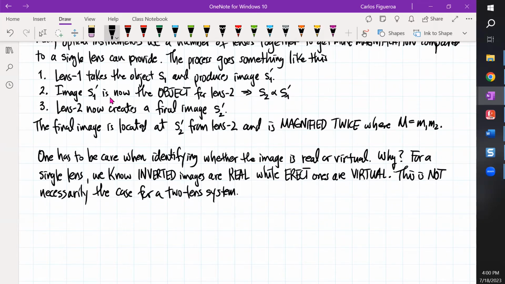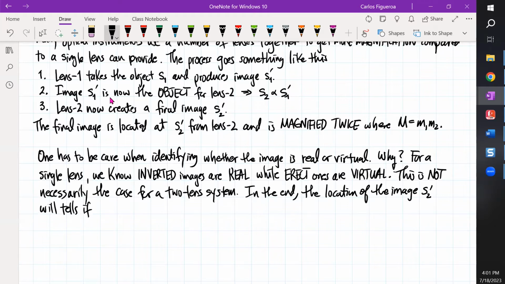What you'll find here is that in the end, the location of the image will tell us if it's real or virtual.